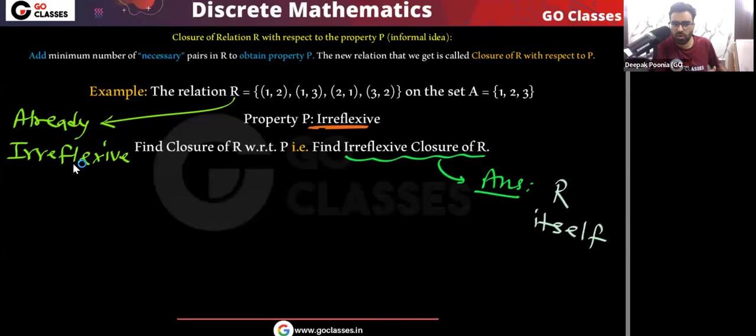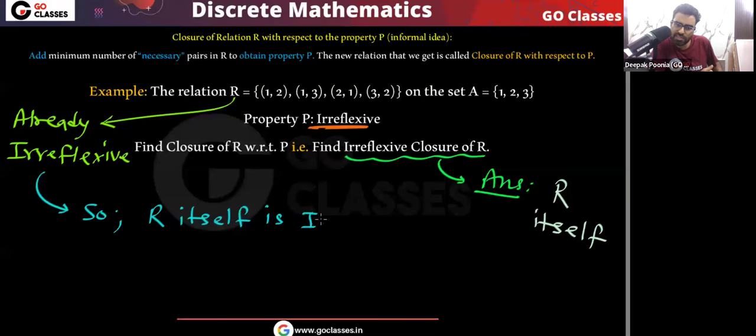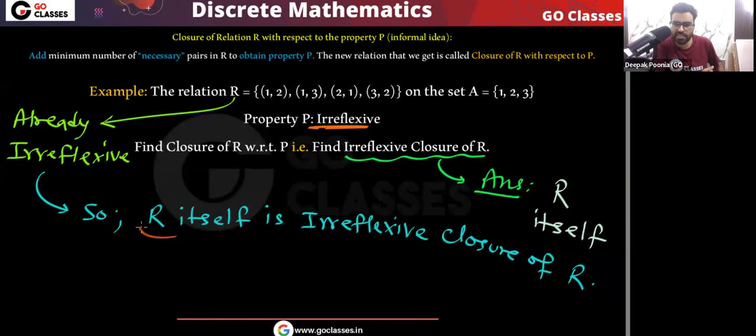Is this clear? Already irreflexive, so R itself is irreflexive closure of R. Isn't it interesting?